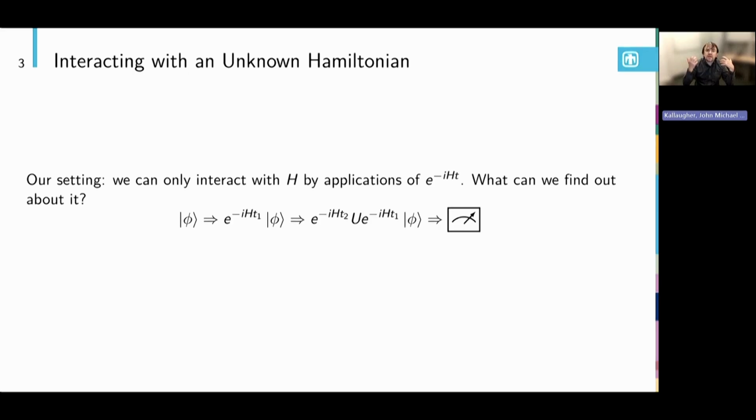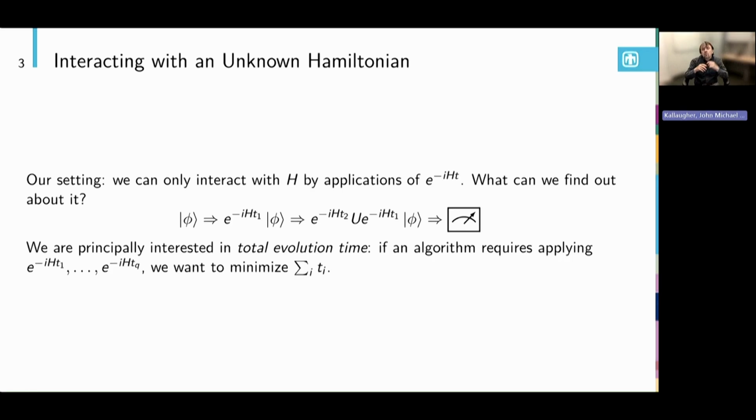So the question that we're interested in here is, suppose that there's some unknown Hamiltonian H that we can only interact with by applying this time evolution operator e^(-iHt), perhaps interleaved with whatever unitary, with whatever measurement at the end. What can you find out about H with this kind of access to it?